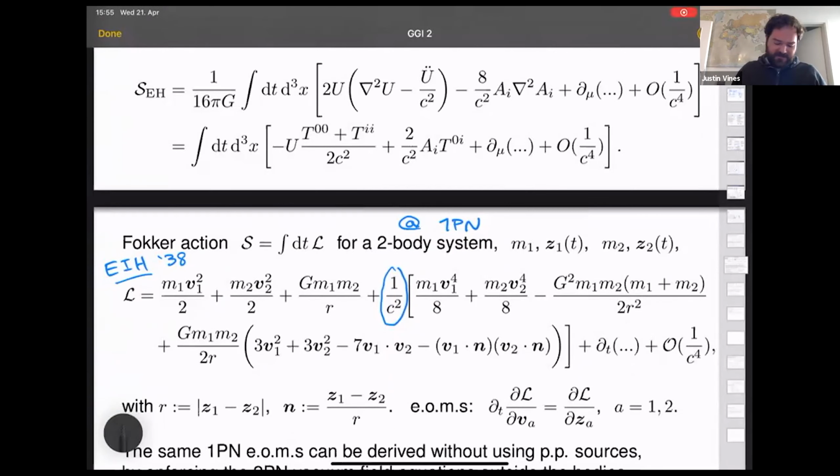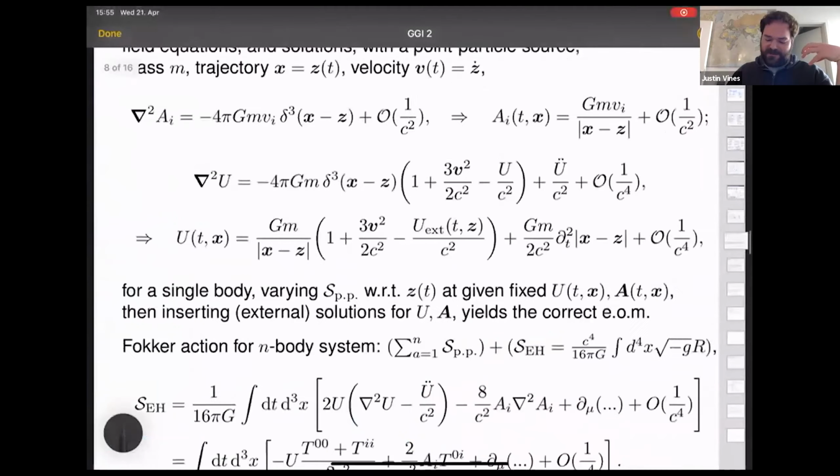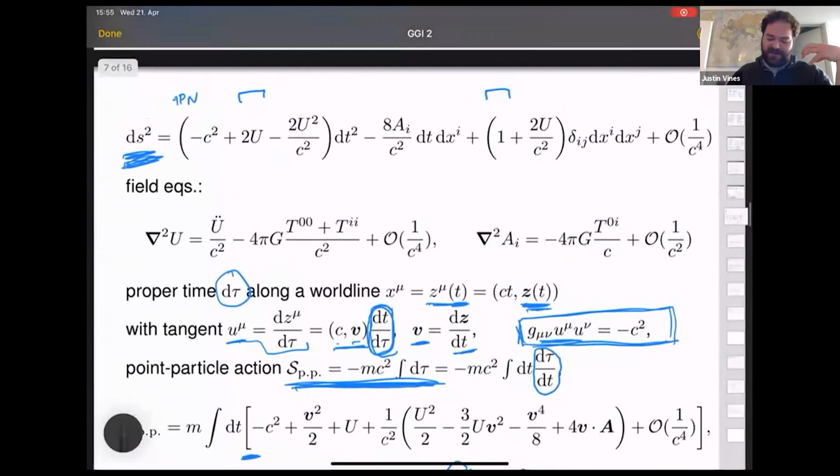And so finally, varying this action with respect to each of the two world lines gives you an equation of motion for each of the two world lines. Importantly, these world lines, Z, are going to be in the same coordinate system that we started with, the same coordinate system in which the metric takes this form.